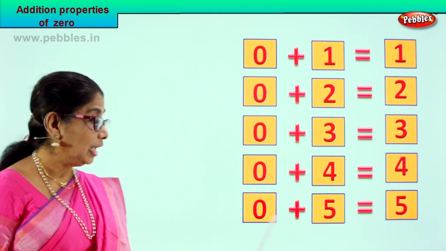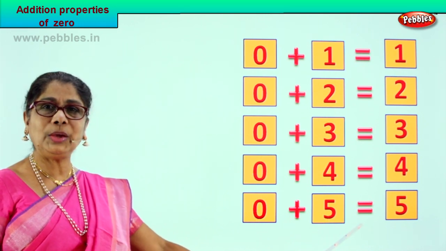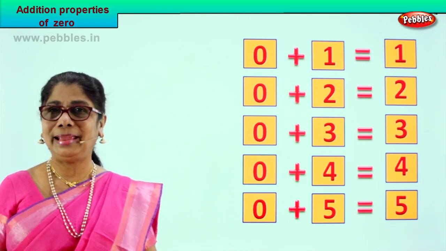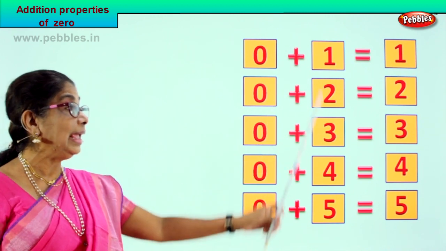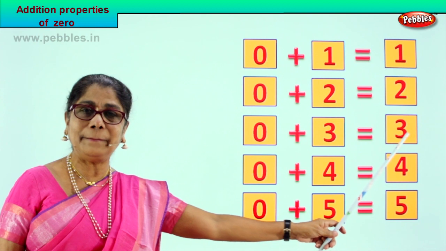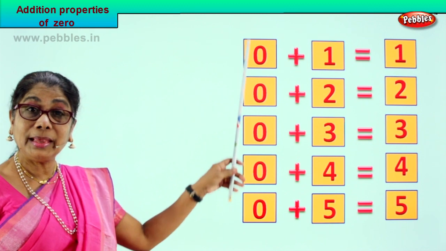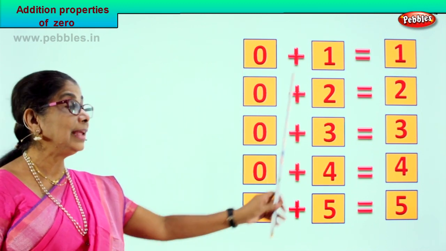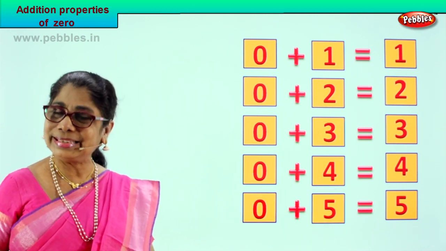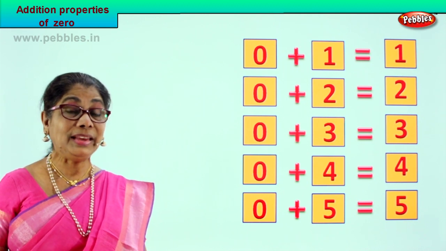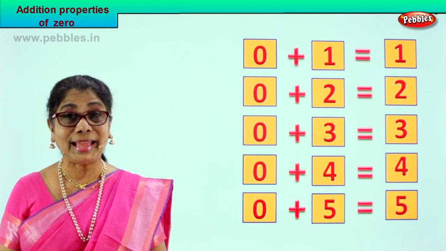Read again. 0 plus 5 is equal to 5 again. What did we see here? 0 plus any number gives you the same. We are learning to understand the concept of 0 in addition. A 0 plus any number is equal to the number itself.